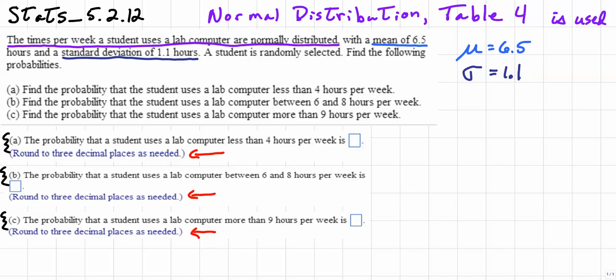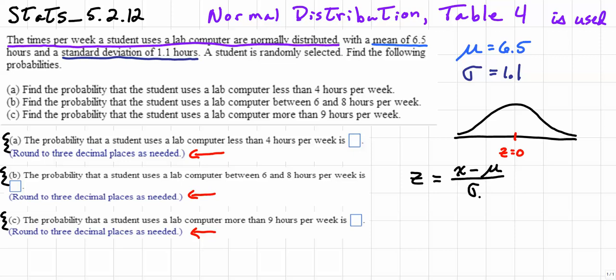So remember that when we're dealing with the normal distribution, we're looking at just roughing out what we call a bell curve. We do have a z equals 0 at the very middle. And then we're going to talk about areas. When we talk about a z-score, we use the following formula. Z will be equal to the x value, whatever it may be, minus the mean divided by the standard deviation.